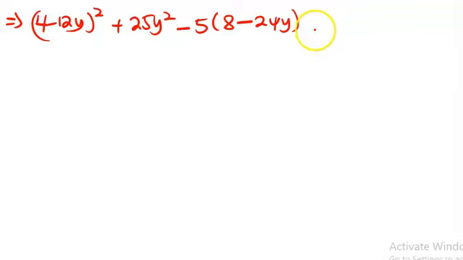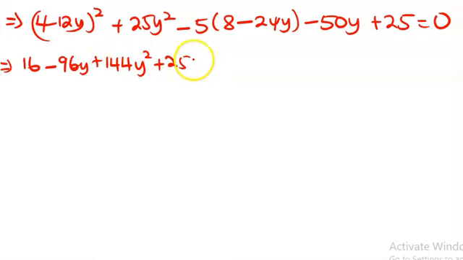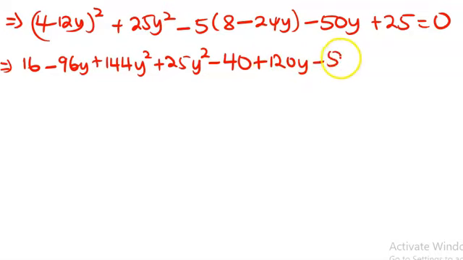Then we have 2y times 25, minus, plus 25 is equal to 0. So let's expand further. When we expand this, we have 16 minus 96y plus 144y squared plus 25y squared. When we open up this, we have minus 40 plus 120y minus 50y plus 25 is equal to 0.